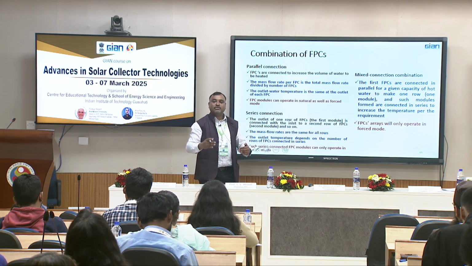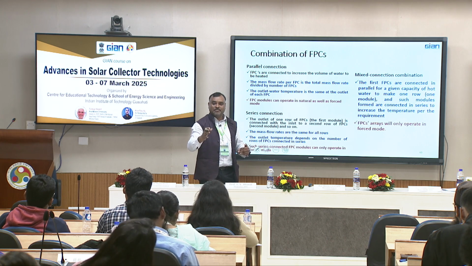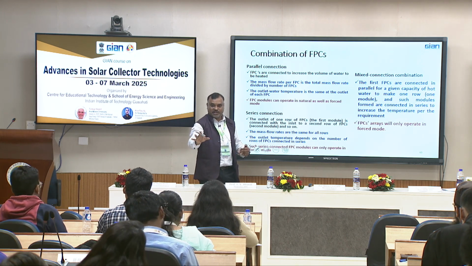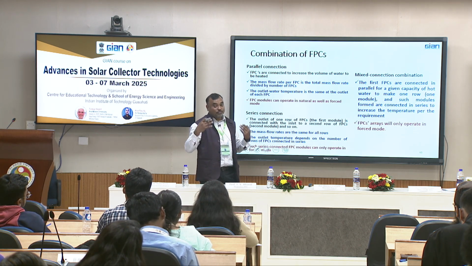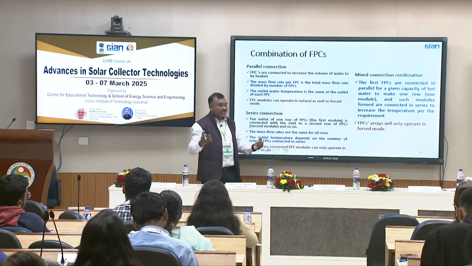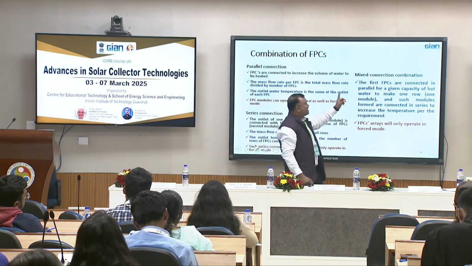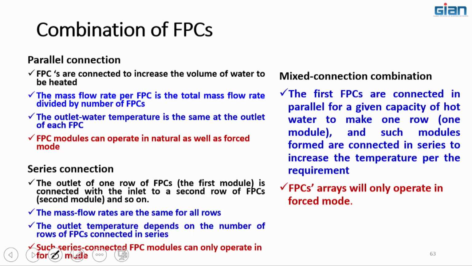Now, if you need to meet the demand for 1000 students in a hostel, what could be your design basis? First, the FPCs are connected in parallel for the given capacity of hot water to make one row.